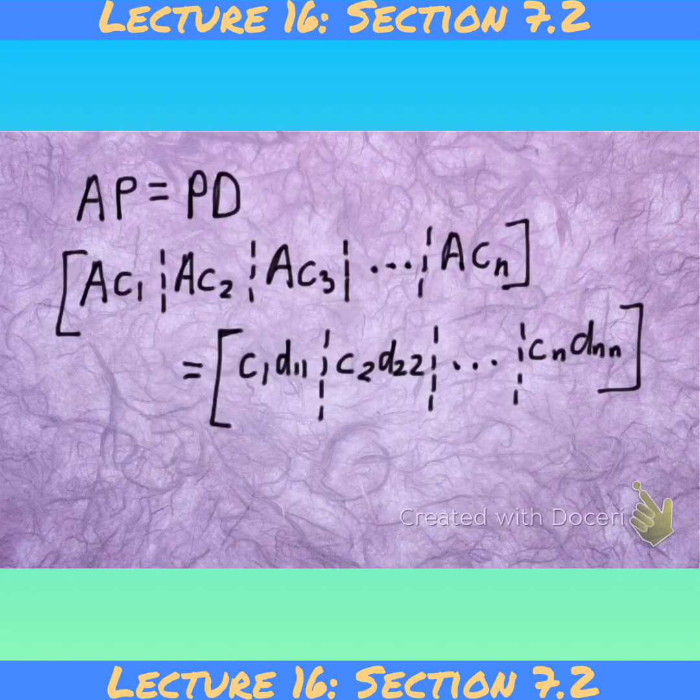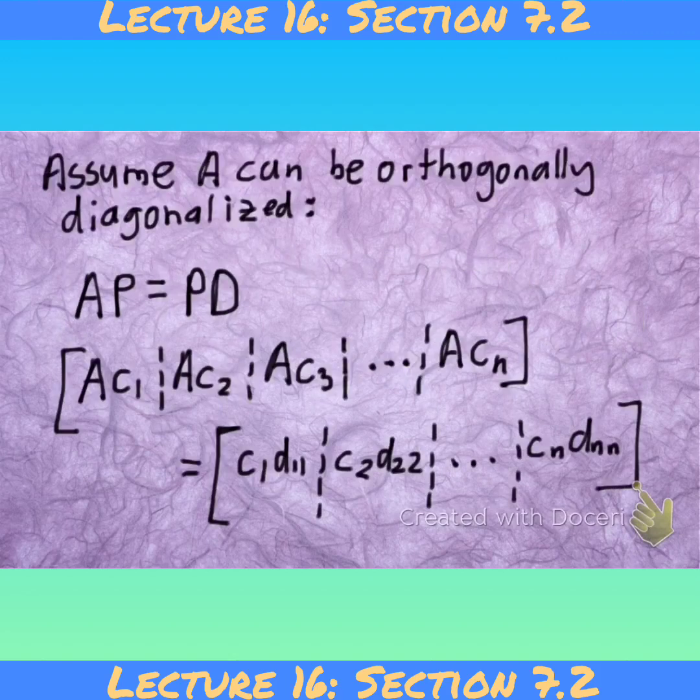Right, so if we assume that A can be orthogonally diagonalized, then we can find a matrix P where A times P is P times D, where D is a diagonal matrix, right? And remember that the inverse of P is its transpose.